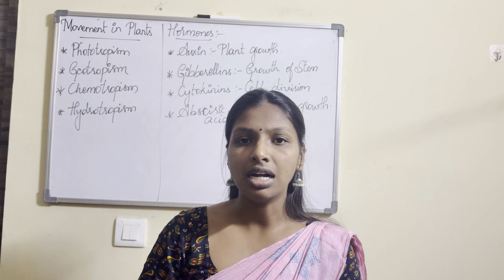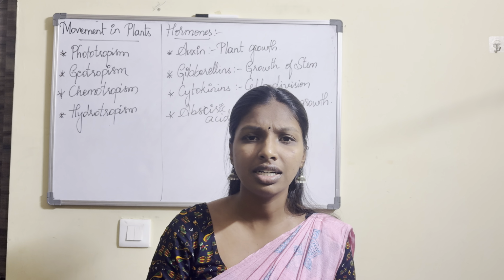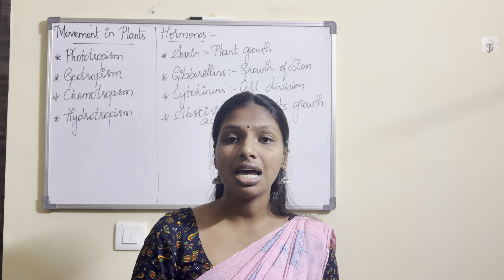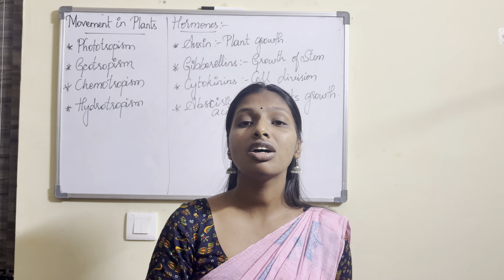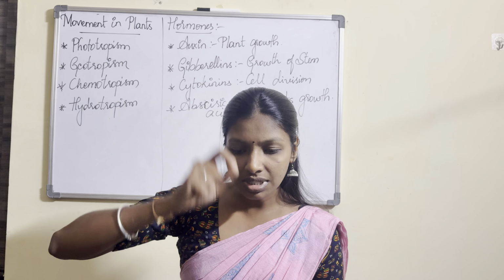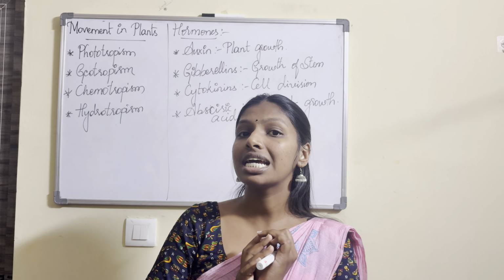When you touch a plant, especially the Mimosa pudica, which is known as the touch-me-not plant, the leaves close themselves. How? There are some receptors which receive the stimulus, and the information is passed from cell to the next cell and from there to the next cell. This is how the information is passed, and that is how the leaves get closed.